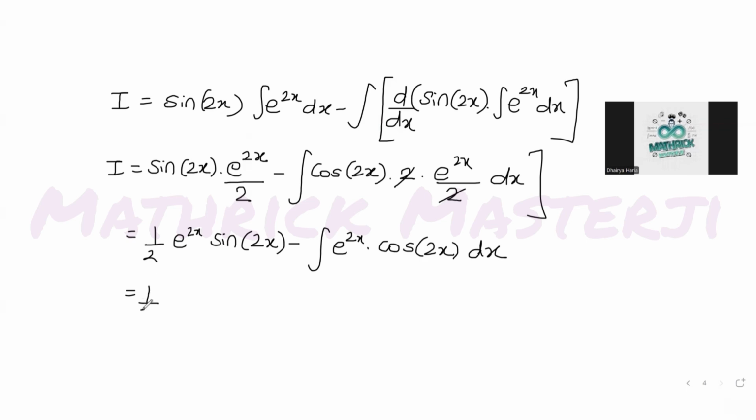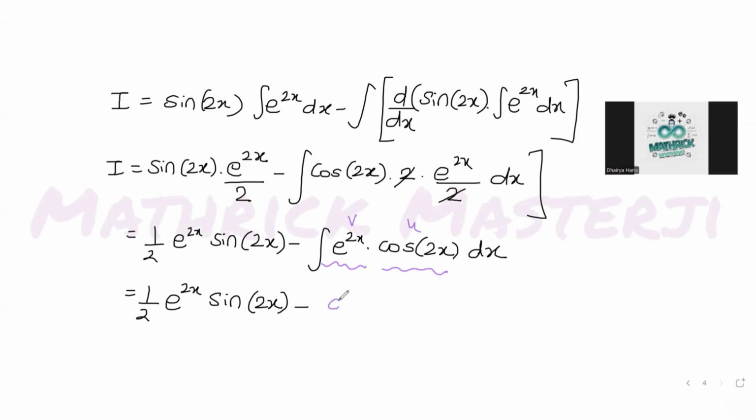Now let's try to solve it further. Half e raised to 2x sine of 2x minus the integral of e raised to 2x cos 2x. Again, it's a product of two functions, where this becomes v and this becomes u, because this is trigonometric and this is an exponential function. So again, I will use the same idea.